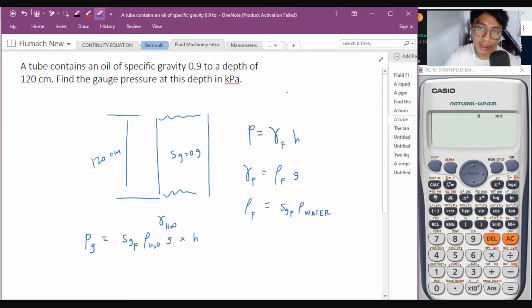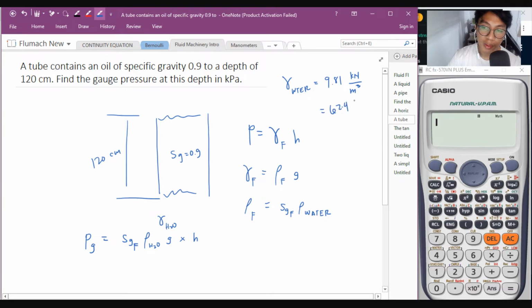Now, what is the density of water? The specific weight of water na lang, rather. What is the specific weight of water? Ilan? 9.81 kilonewton per meter cube. Ilan yan sa English? 62.4 pound per feet cube.